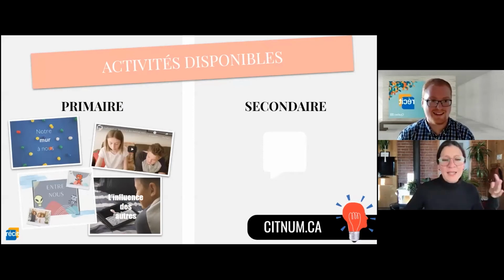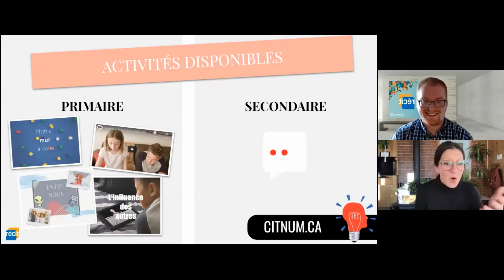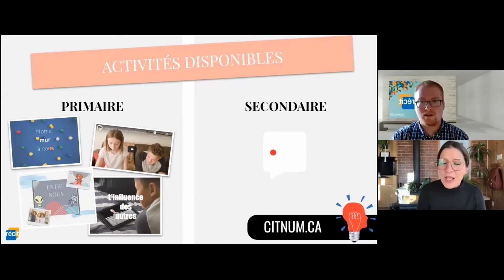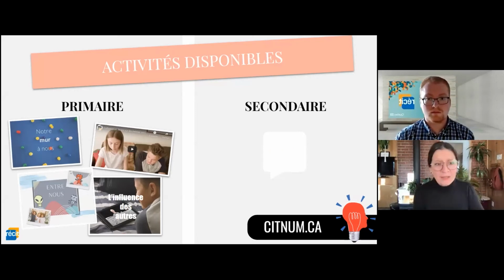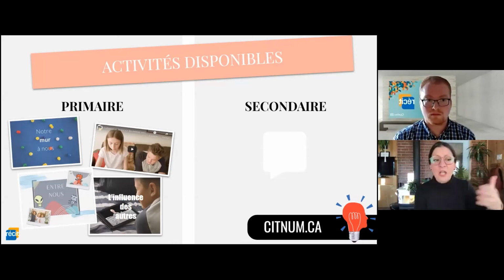Activities. Now you can see that the secondary level is where we have very little. In the primary, the elementary level, there are 4 activities from the center of Laval on their website. The 2 activities on the right, entre nous, between us and everyone else.